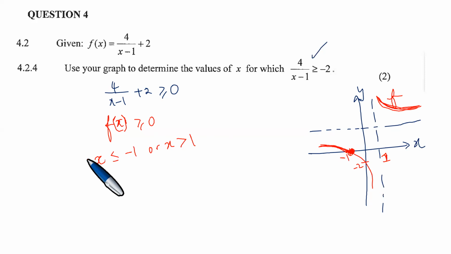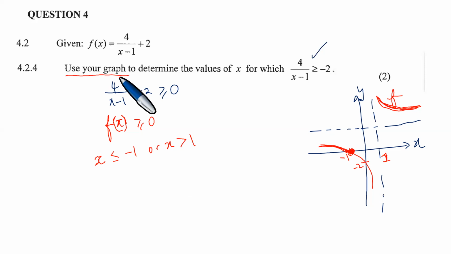So x is less or equal to -1, or x is bigger than 1. Okay, we have to use the graph to determine the values of x. This question can be done without using the graph, but the examiner was more particular here. They said use your graph, so yeah, like that.